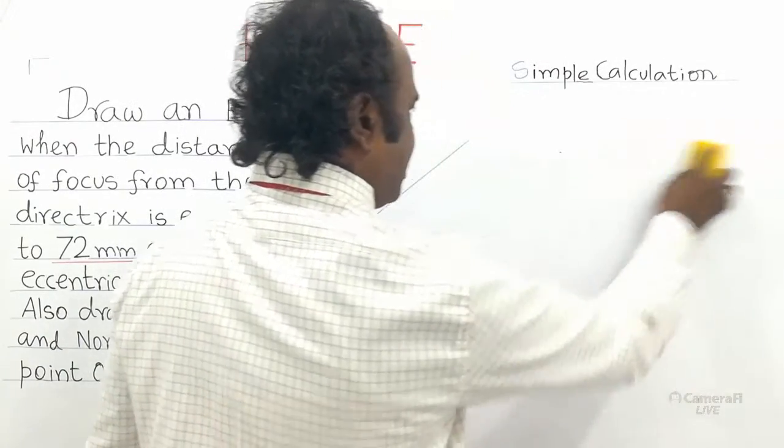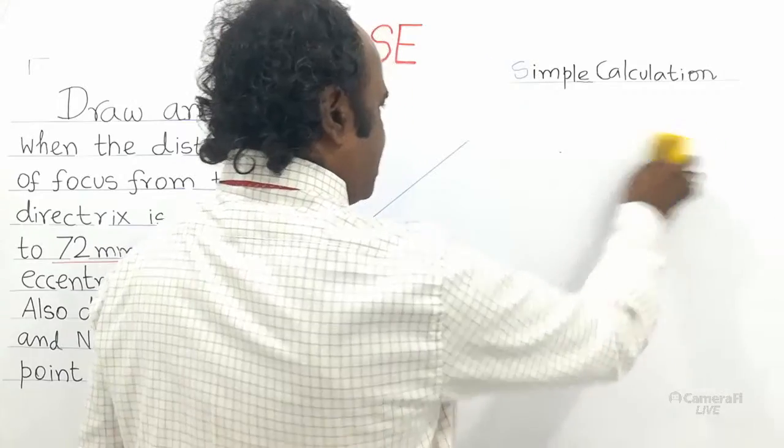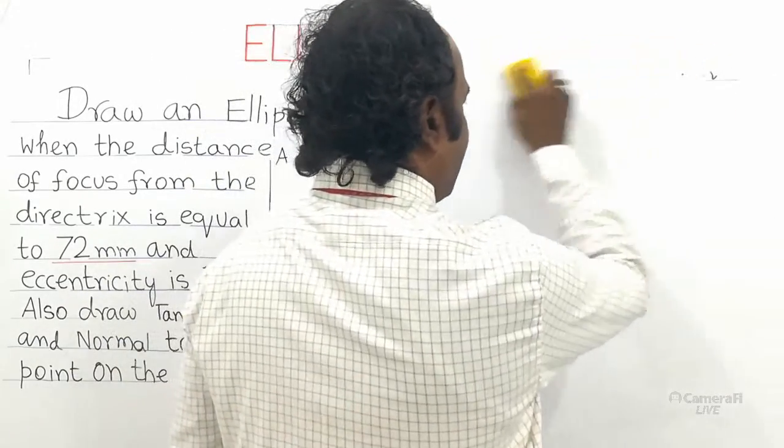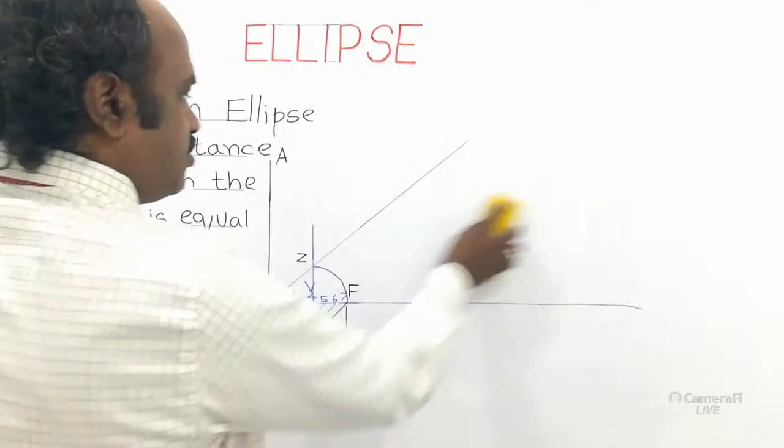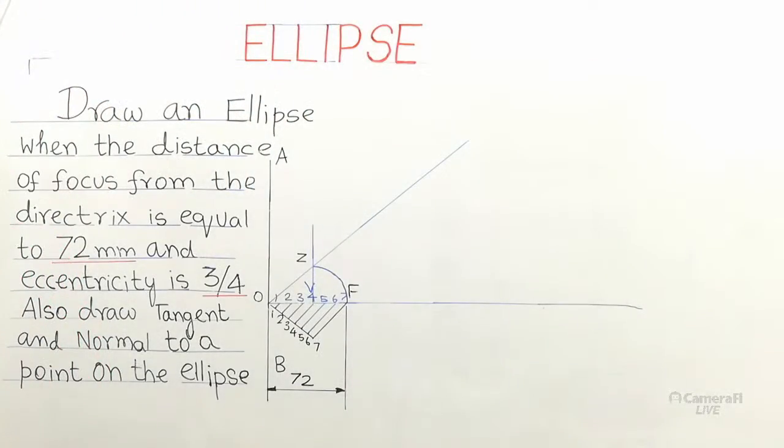Based on the eccentricity ratio, the segment is divided and we located the vertex point V. So this method of drawing an ellipse is called the eccentricity method. Next we are going to enter into step 2.